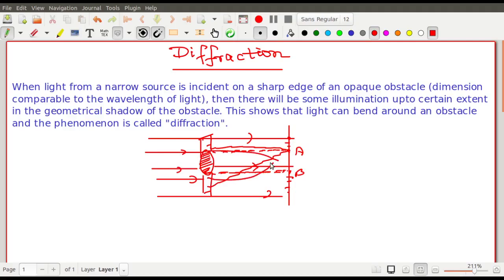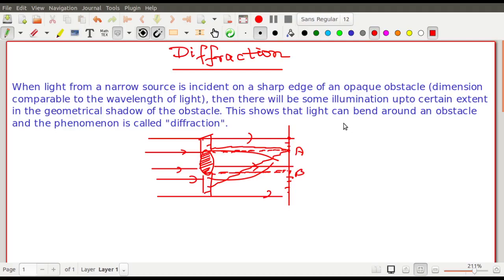Let us take bending, let us assume that light bends. Suppose the light bends, then you can explain the light that is produced inside the shadow, but who will take care of the non-uniform distribution?